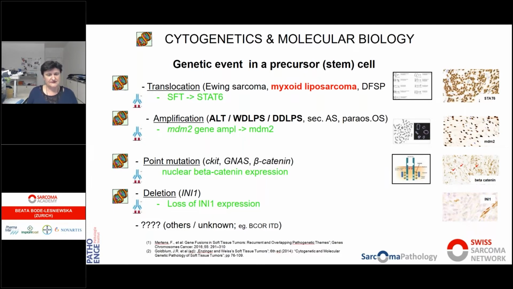Actually, there is also a genetic aberration in intramuscular myxoma, a point mutation, but in most cases you do not really need to perform this study to arrive at a diagnosis. In most cases, it's enough to have this immunoprofile and a fitting presentation and histopathology.